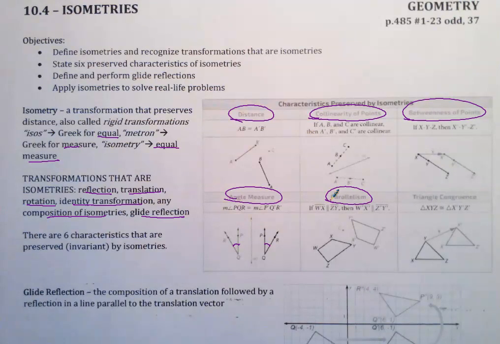Parallel. So these lines were parallel before. When we did the transformation, they remained parallel. We're keeping that. And the last one is triangle congruence. The triangles are congruent. It doesn't matter what shape it is, any shape will maintain its congruence when we do any of these isometry transformations or rigid transformations.